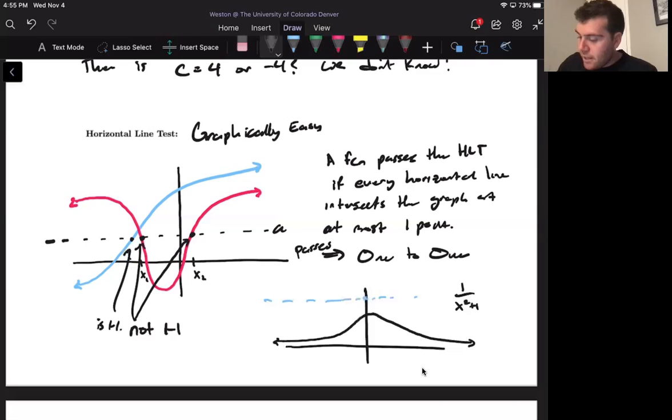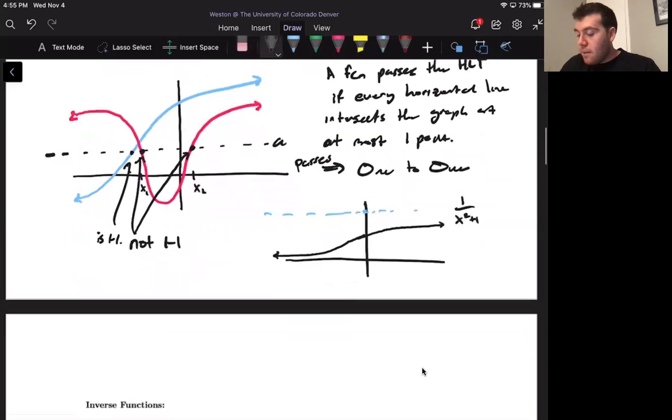So I guess we could make it instead something that looks like this, where it starts to flatten out. Then it's one-to-one, so long as it's still increasing.